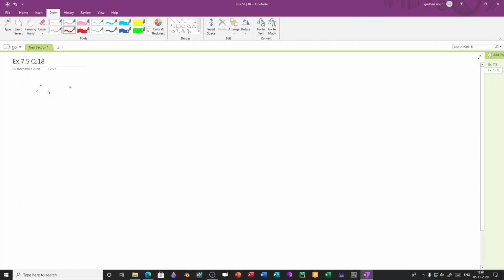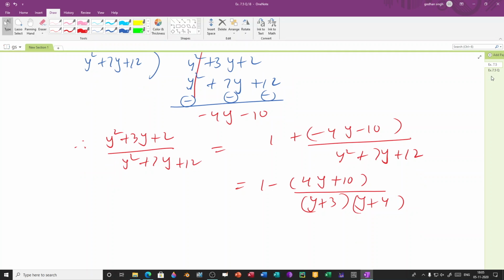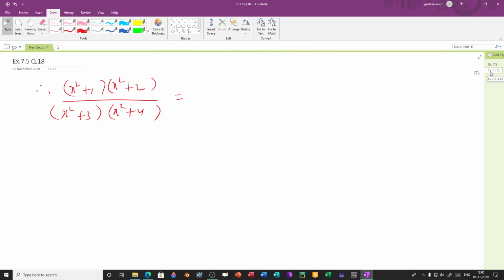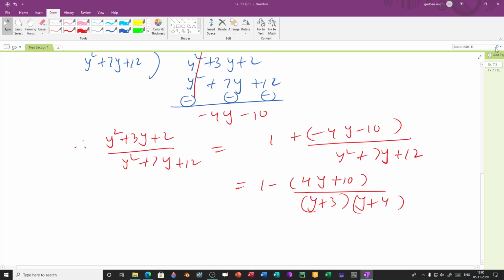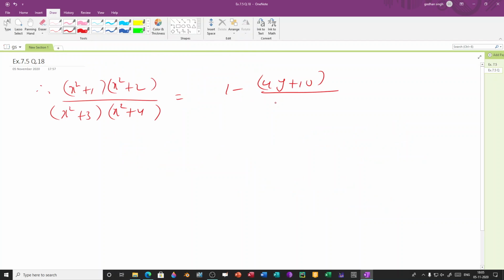Therefore (x square plus 1) into (x square plus 2) over (x square plus 3) into (x square plus 4) is equal to 1 minus (4y plus 10) over (y plus 3) into (y plus 4), and do not forget to put the brackets. So this is what we got.